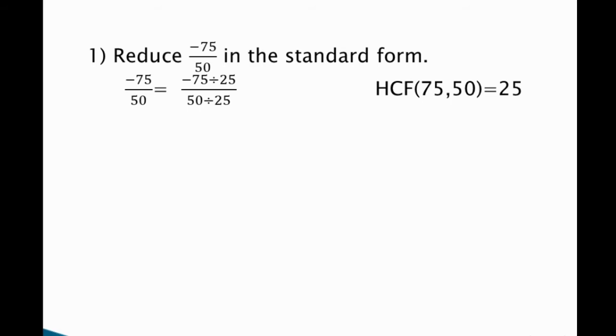Here, HCF of 75 and 50 is 25. So we divide both numerator and denominator by 25, which gives minus 3 by 2. Here the denominator is a positive integer and the numerator and denominator have no common factor other than 1. Hence it is in the standard form.